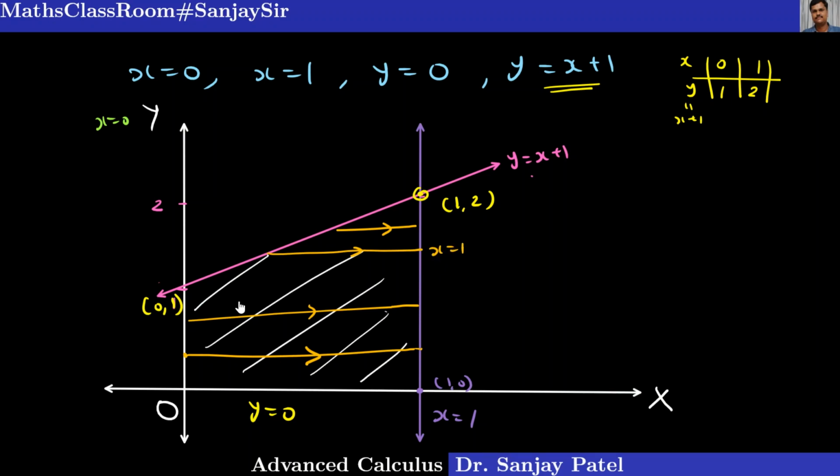So that means this region is not a regular region. So we have to find some critical point where this curve is changing. The left hand curve of this strip, in this portion it is the y-axis, and then in this portion it is the line y is equal to x plus 1. So we have to divide the region in such a way that it becomes a regular and nice region.